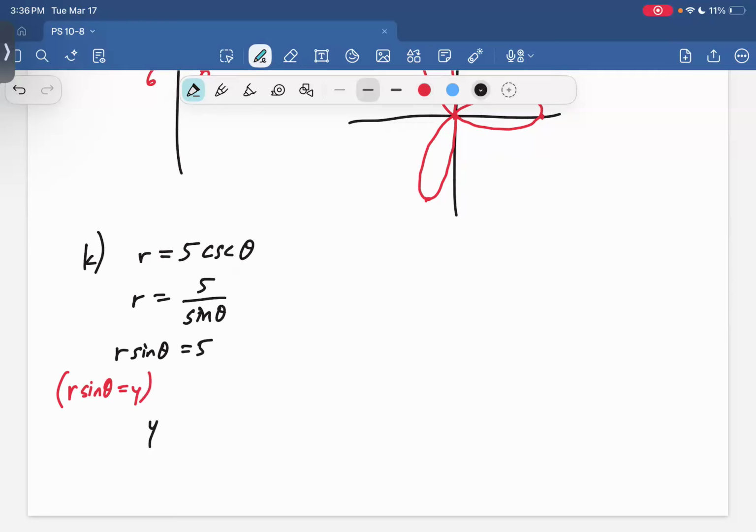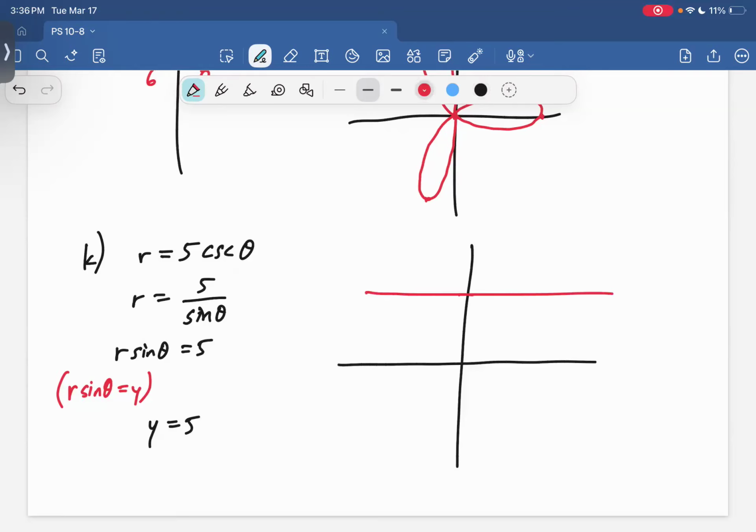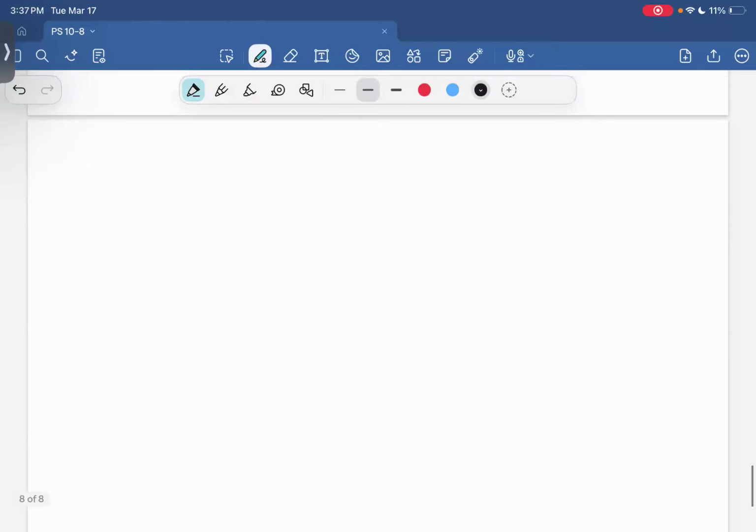And so that tells us that this is just y equals 5. And so to graph this, you just plot the line y equals 5. Okay? So even though I didn't teach you how to do it, you can just convert it back into a rectangular equation, or an equation that has x and y, and that will immediately give you the graph.